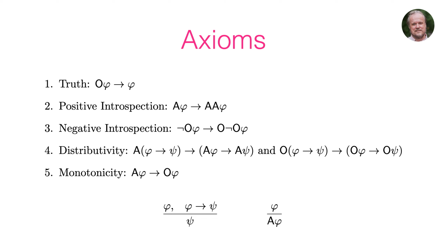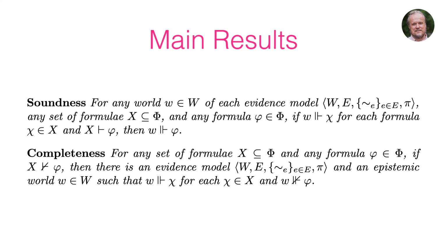Monotonicity simply says that if you can obtain knowledge from finitely many pieces of evidence, then it also would be obtainable from potentially infinitely many pieces of evidence. Our 2 main results in this work are strong soundness and strong completeness theorems for the semantics that I described earlier.